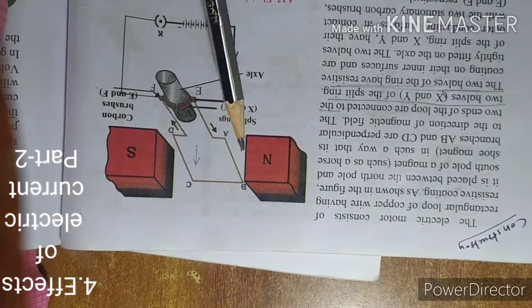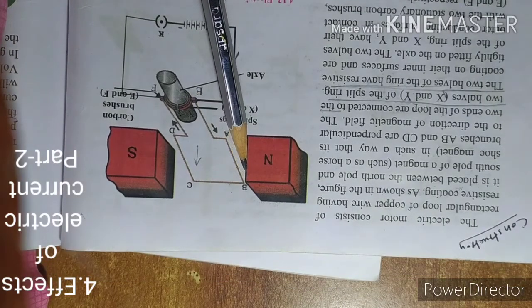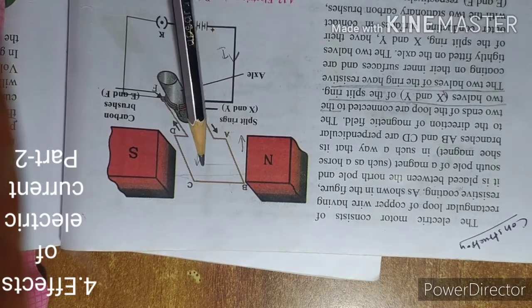And we know that magnetic lines of force originate from north pole to south pole, that is invisible. This is invisible, but here are many magnetic lines of force.